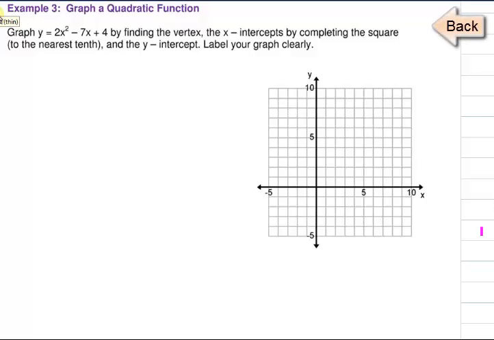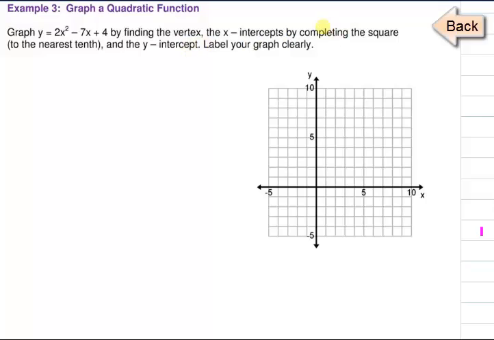So in this next video, we're going to take a look at example 3 and use completing the square to graph a quadratic function. You've been asked to graph y equals 2x squared minus 7x plus 4 by finding the vertex, the x-intercepts by completing the square to the nearest tenth, and the y-intercept, and then label your graph clearly.